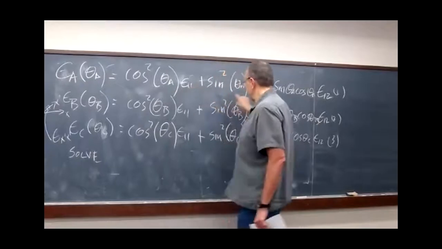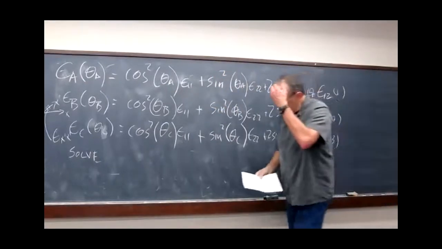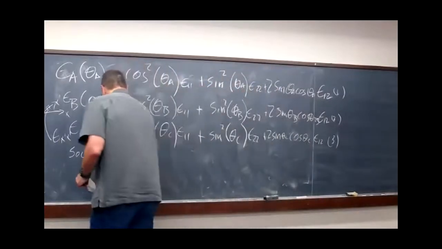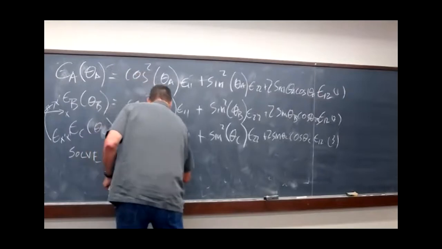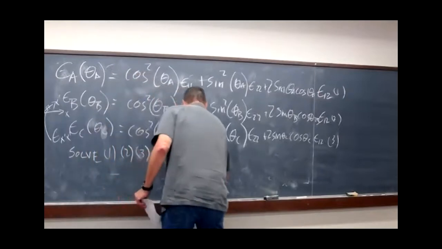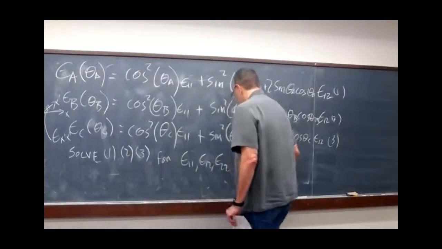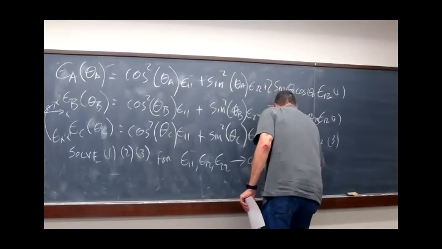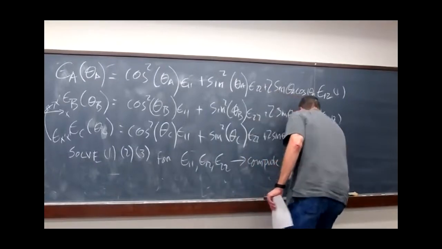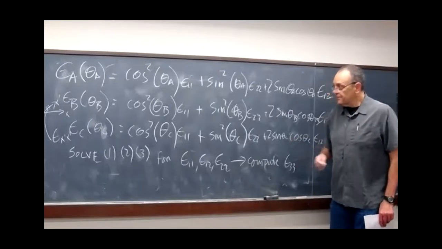These are what I want. So I have a set of linear equations. So I solve for epsilon 1 1, epsilon 1 2, epsilon 2 2. And then from here I can compute epsilon 3 3 because it's plane stress. So I have my strain tensor.